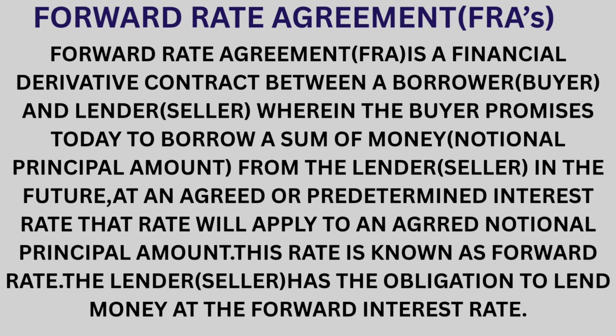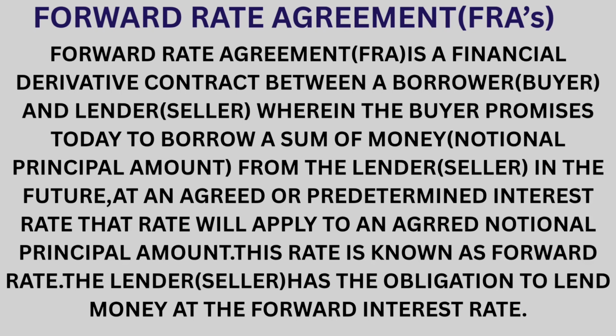So students, what is forward rate agreement? Forward rate agreement is a financial derivative contract or agreement between two parties, a borrower and the lender, whereas the borrower is promising today to borrow a principal notional amount in future at the agreed or predetermined interest rate. That rate is called forward rate.